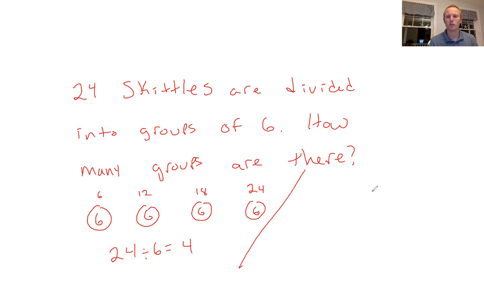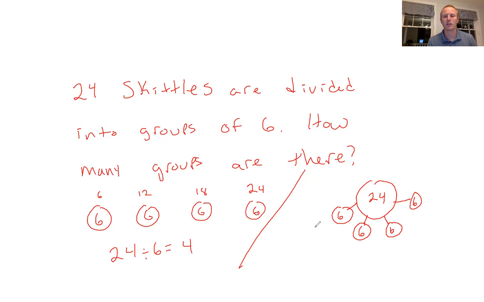I also could use a number bond where I had 24 in the center. I'm going to make groups of 6, and I'm going to count by skip count or group count here: 6, 12, 18, and finally 24. And I notice that I have 4 branches coming off of my total there. So 24 divided into groups of 6 equals 4.